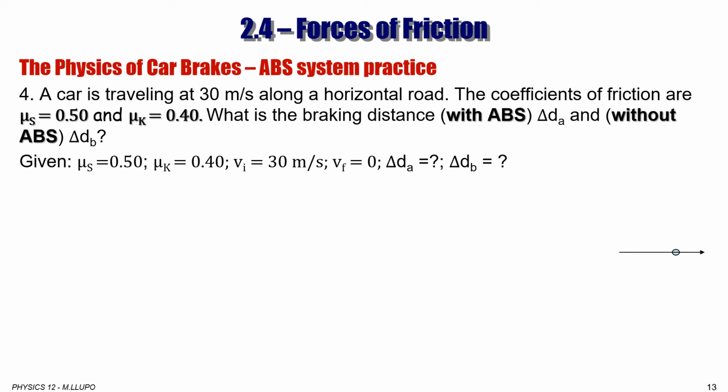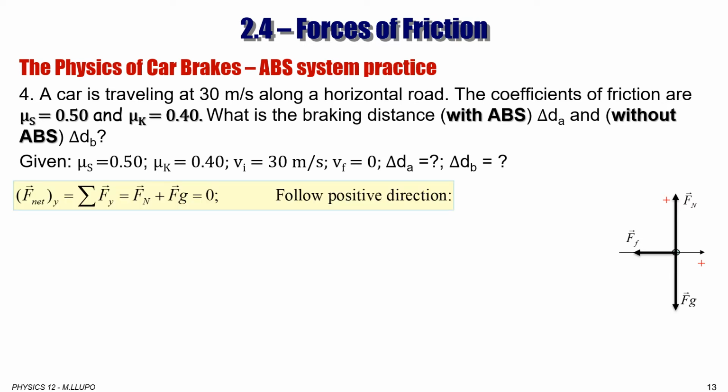Let's draw a free body diagram. Force of gravity and normal force, and let's label the positive directions as forward and up. On the y-axis, we have Newton's first law. F net is 0, so that means Fn plus Fg is equal to 0. Just follow the positive direction: Fn minus Fg is 0, so move the Fg to the other side of the equation.